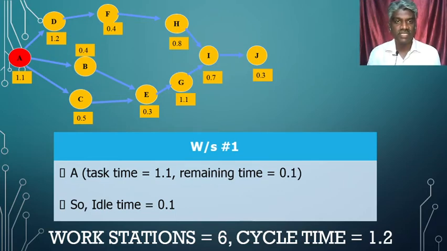We check whether the next set of active tasks has a processing time of 0.1, and B is 0.4, C is 0.5, and D is 1.2. So we cannot assign any other task in workstation 1, so we leave it as it is with an idle time of 0.1.